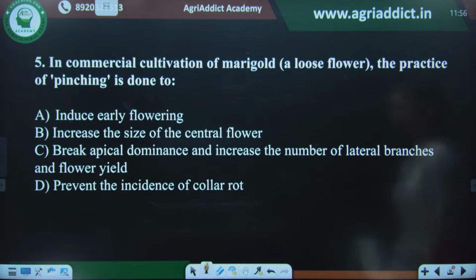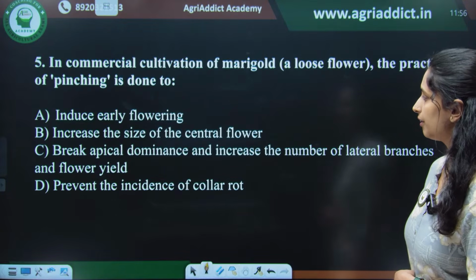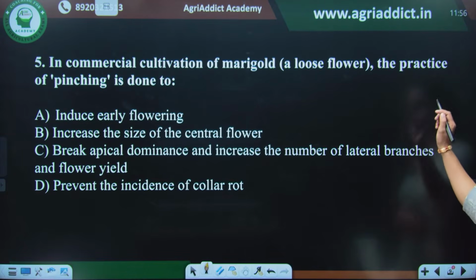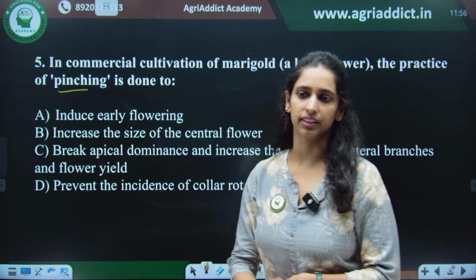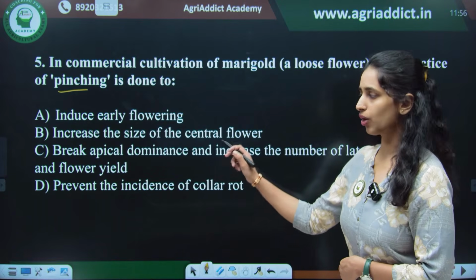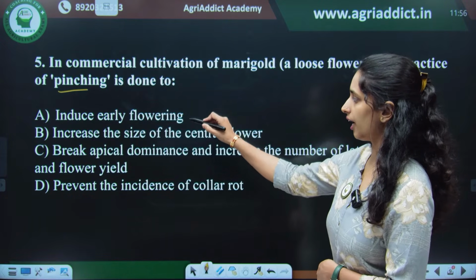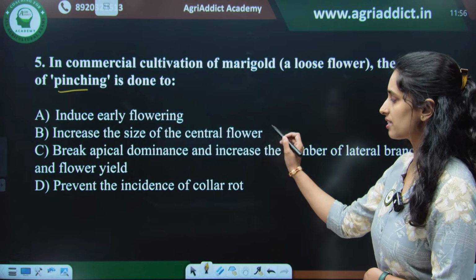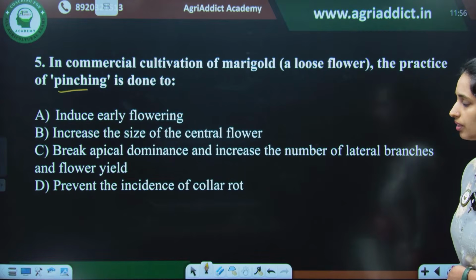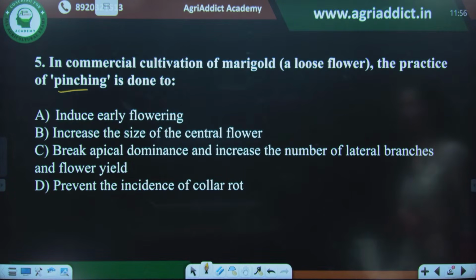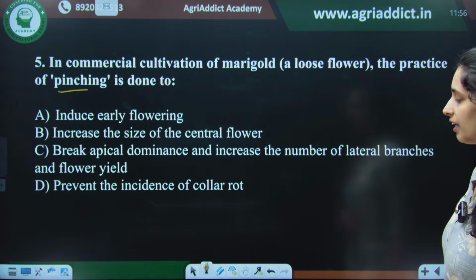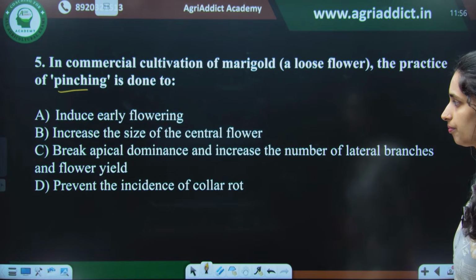So next question. In commercial cultivation of marigold, a loose flower, the practice of pinching is done to. Why do we do pinching in marigold? See the options. Induce early flowering, increase the size of the central flower, break apical dominance and increase the number of lateral branches and the flower yield, prevent the incidence of collar rot.